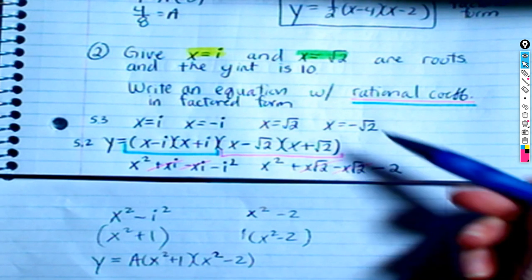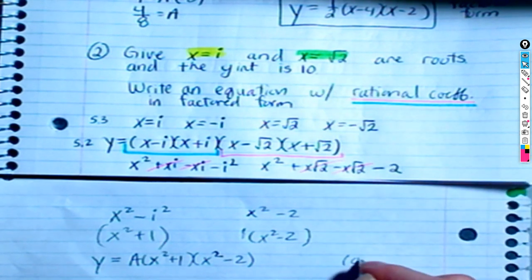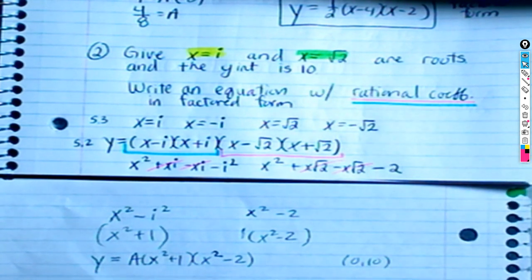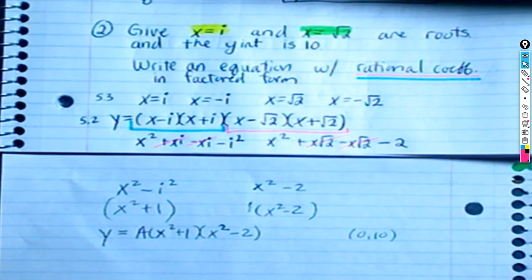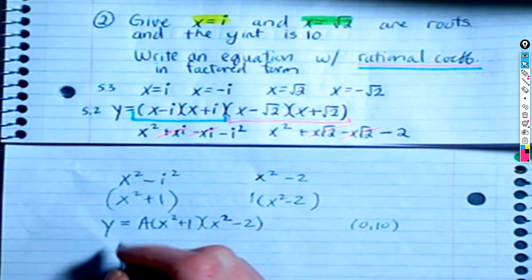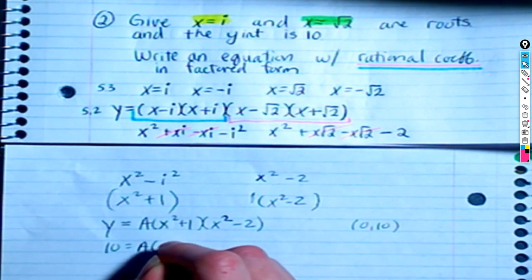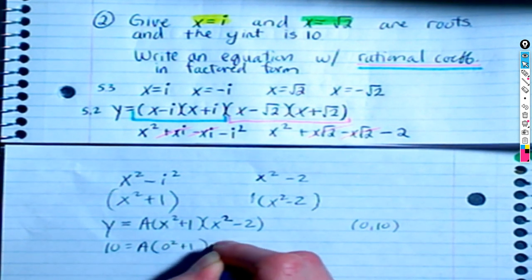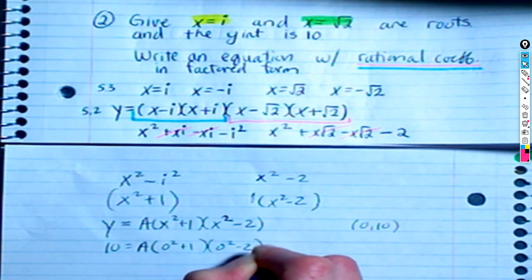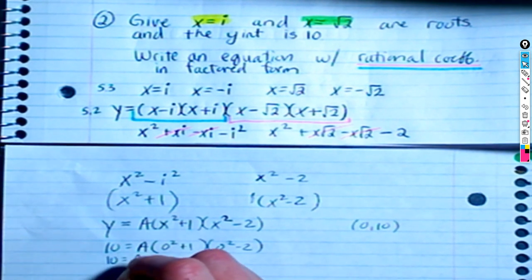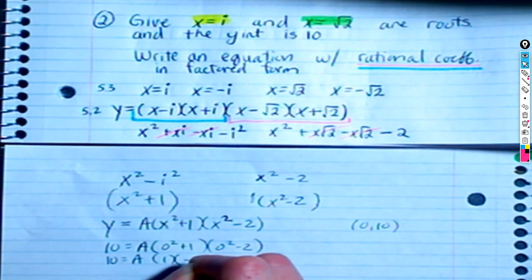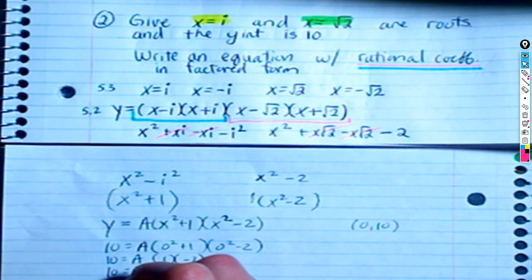And up here it says the y-intercept is 10, so that's the point 0, 10. And before I have the complete answer, I need to plug in and find my a value. All right, 10 equals a times negative 2.